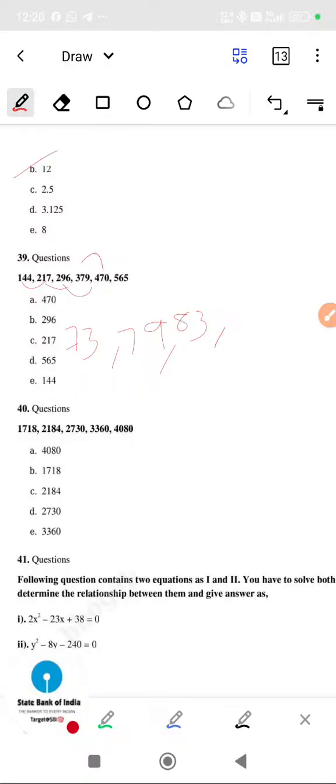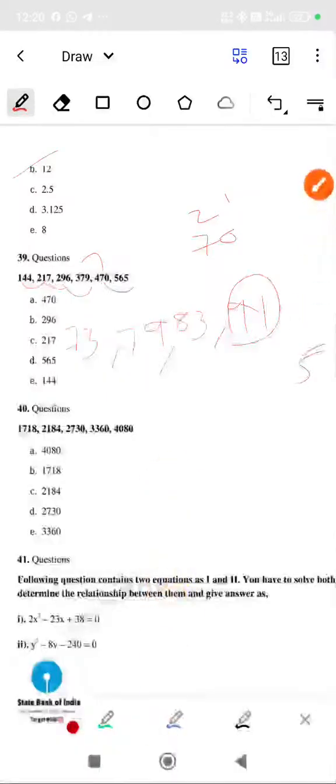Wait a second. The difference between these two, which will be 70 plus 21, which will be 91. So I see 91 here. The difference between these two is 5 at the end. So these two are not in the sequence of prime numbers.